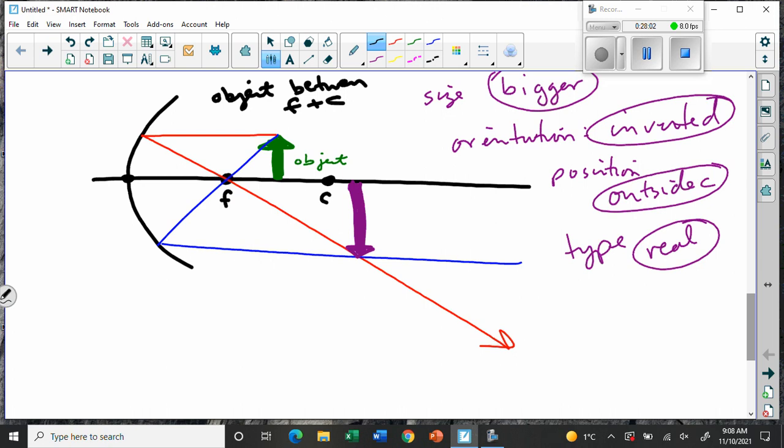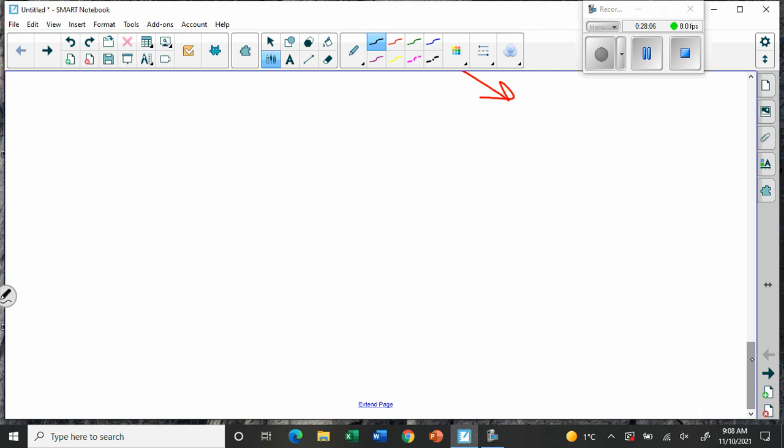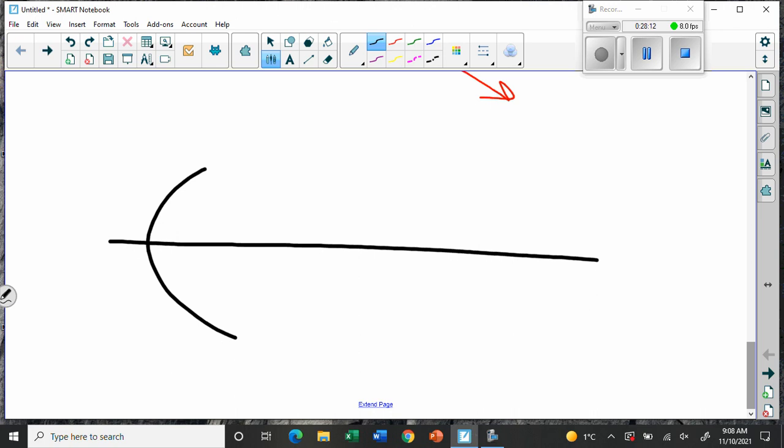That was what that one was. That's where the object, it's pretty obvious. You can see that. Okay, let's draw another one here. Principal axis. Try to get a good mirror. That one looks not too bad, I guess. We'll get an F over here, and we'll try to get exactly the same distance for the C, F and C, and we're going to put our object right on the F.